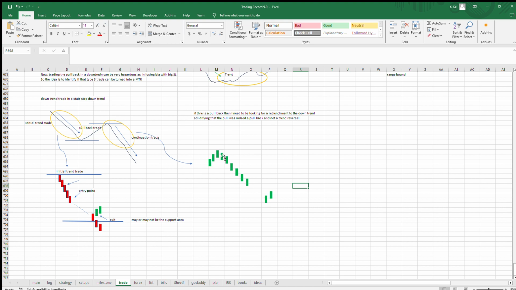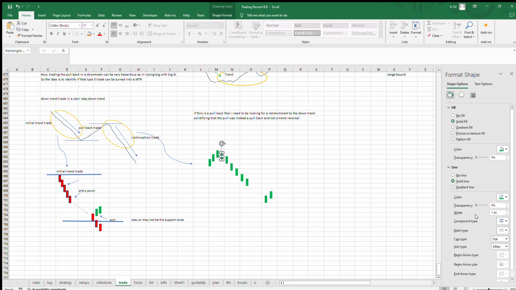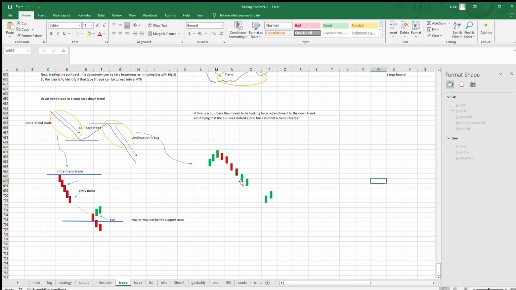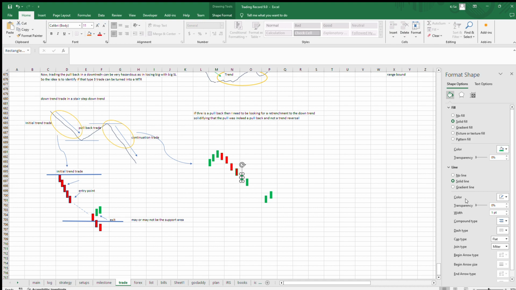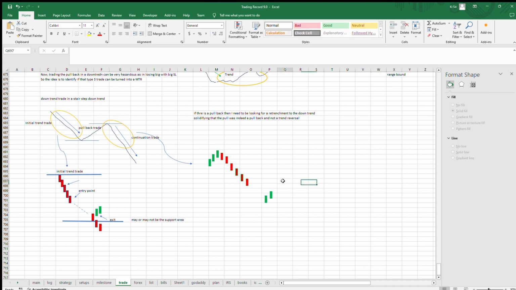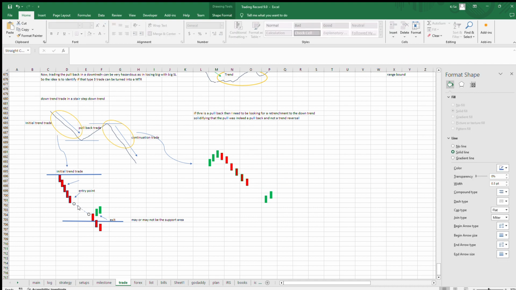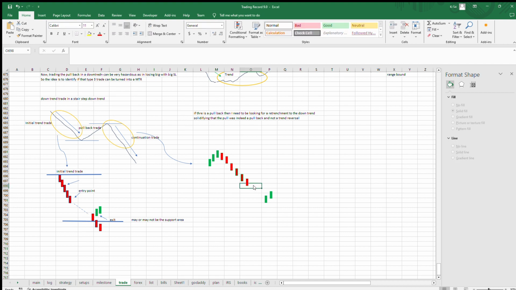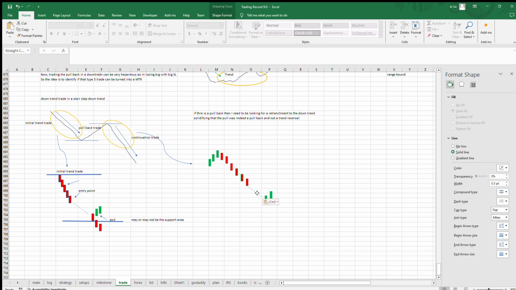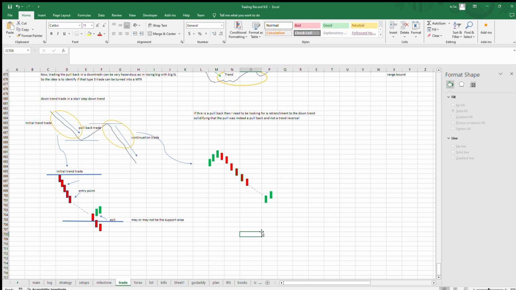So here is the green candle, here is going to be the red candle. I'm here like that, okay?